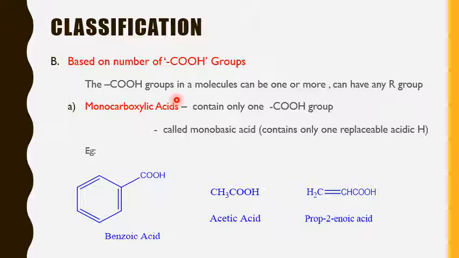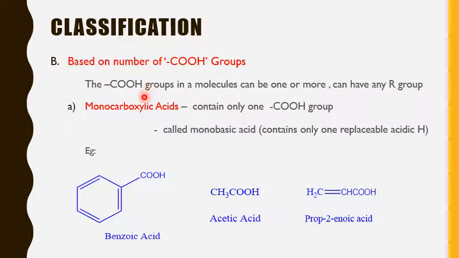So based on the number of functional groups, which is carboxylic acid here in our topic, the molecule can be classified as monocarboxylic acid first, then dicarboxylic and further. So let us see how monocarboxylic acid looks. Here the main interesting thing is the R group can be anything.